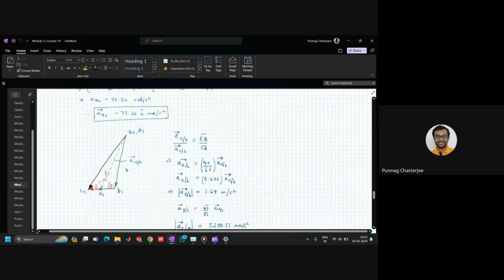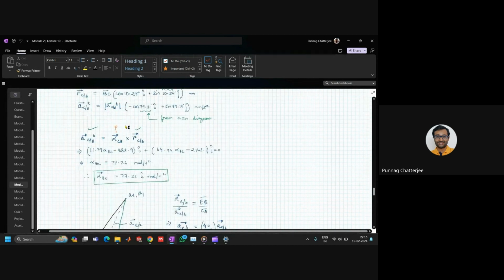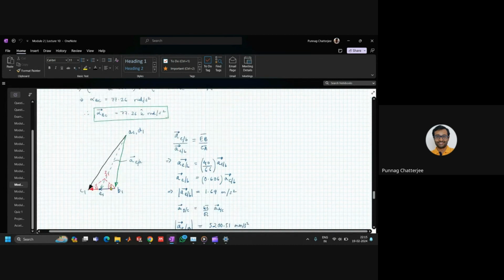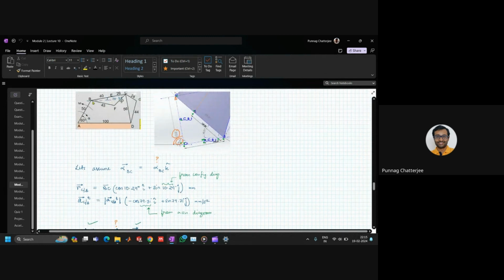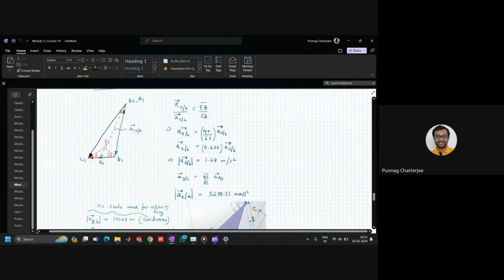A little bit tricky over here is finding out the linear accelerations of F point and G point. Linear acceleration of E is actually simple because you see E is lying on this link BC. Okay, it's already lying on that link BC. So we know that E will also lie on the vector diagram of BC. So this is the acceleration diagram.